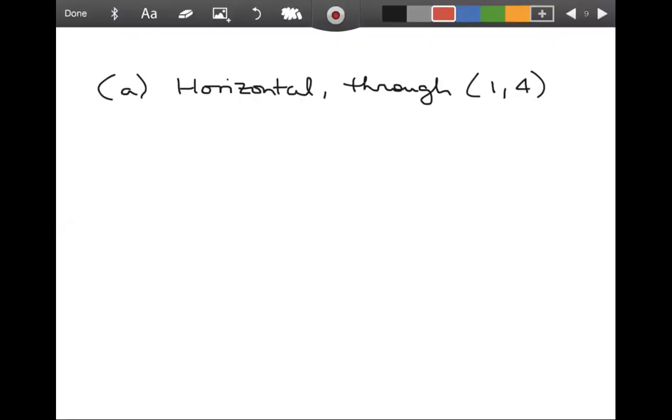All right, so what do you remember about horizontal lines? Hopefully you remember that a horizontal line, well, there's a couple things you could say here. You could say that the slope is 0, or you could say that the equation of the line has the form y equals a number. So now the question is, what number?